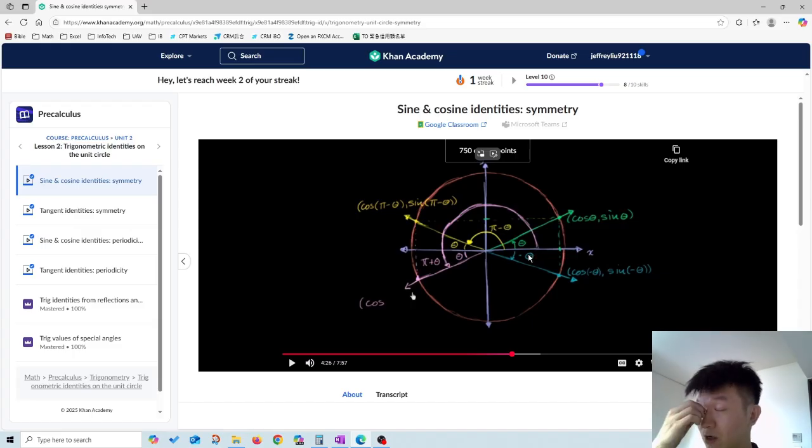You're calculating theta, right? But if you go clockwise, going from here, this is your x-axis, you're starting from here, then you're going this way around, this is going negative theta, right? So here you see the blue theta is negative, right?